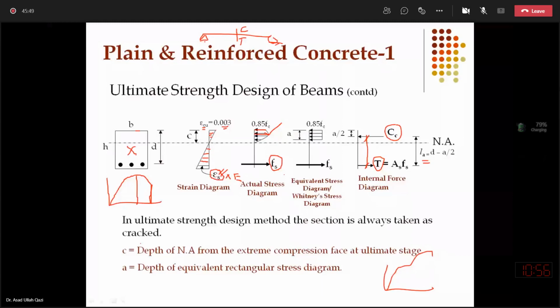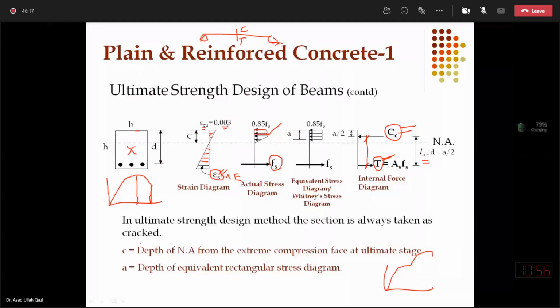Then from the stress, knowing the area on which those stresses are present, I can get the force diagram. And if the point of application of forces are known to me, I can get the internal resistance by multiplying the forces with the lever arm.